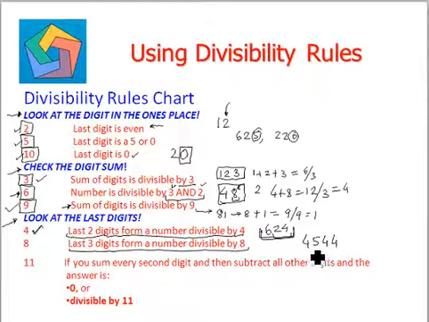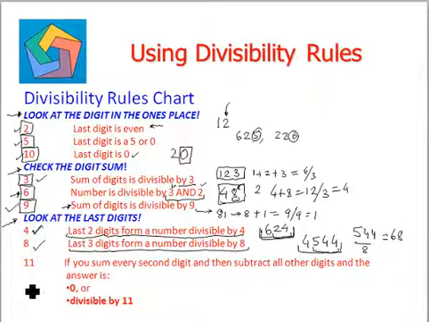If we look at the last three digits, 544, we'll check whether 544 is divisible by 8 or not. 544 divided by 8 is equal to 68. That means 4544 is divisible by 8.